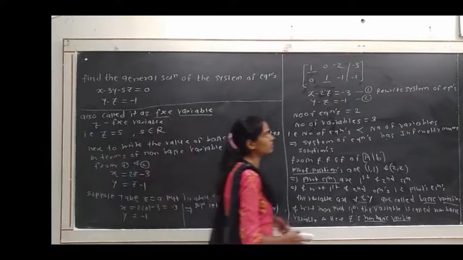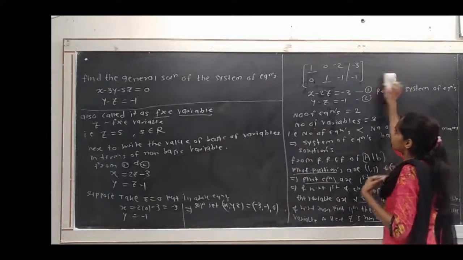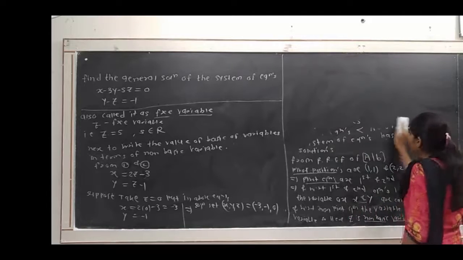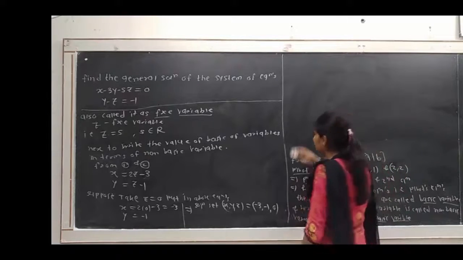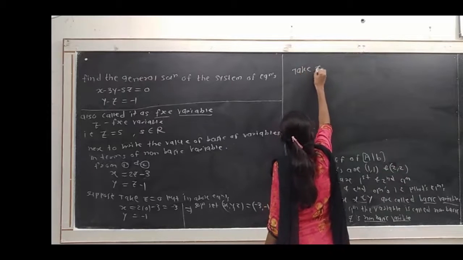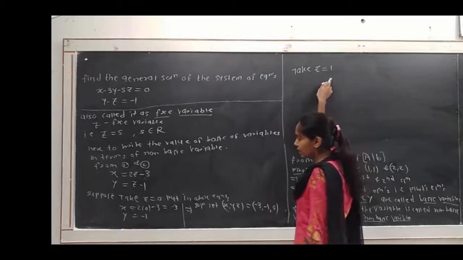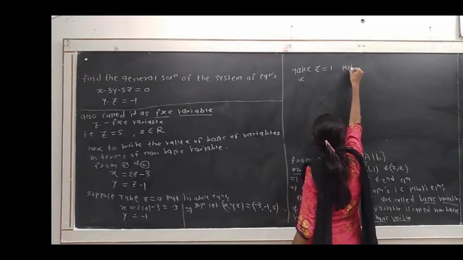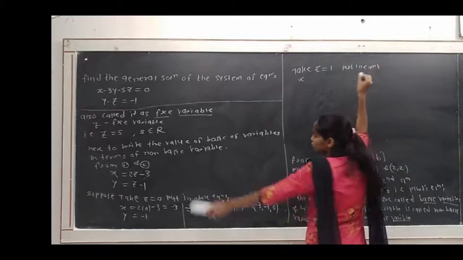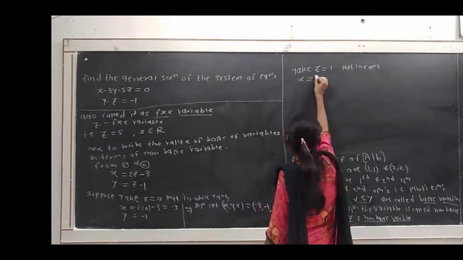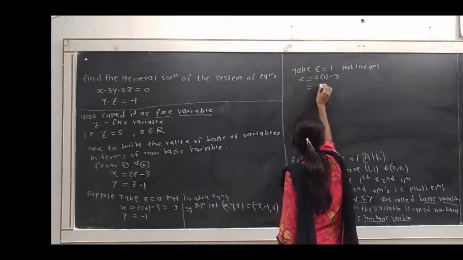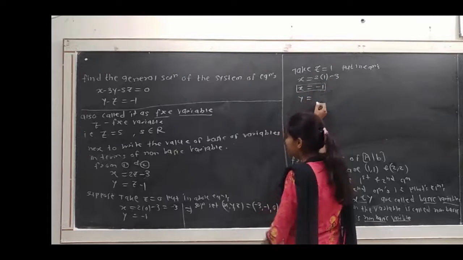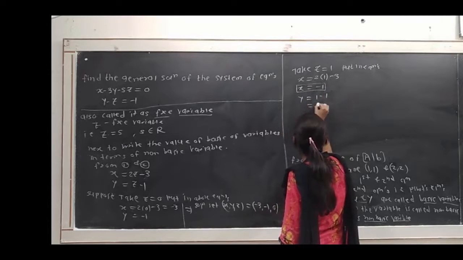Again, if we consider the value of z different from the set of real numbers, that is, if we take z is equal to 1, then putting in these two equations we get x is equal to 2 into 1 minus 3, that is 2 minus 3, which is minus 1. And y is equal to z minus 1, that is 1 minus 1, we get 0.